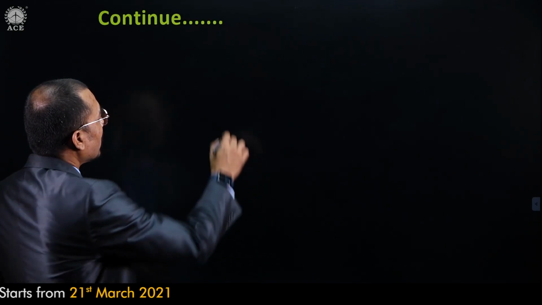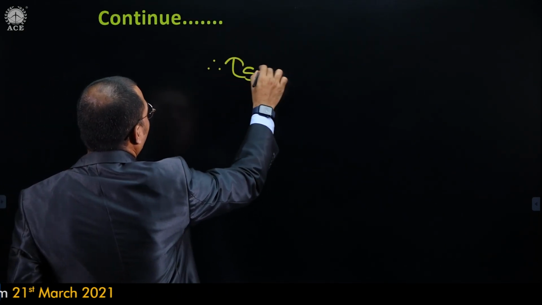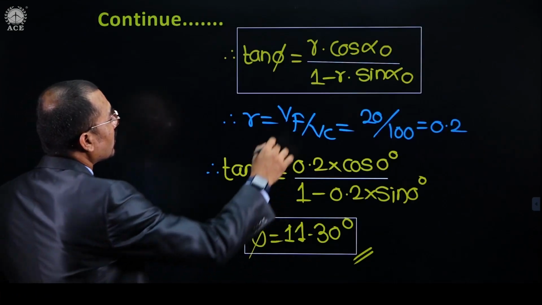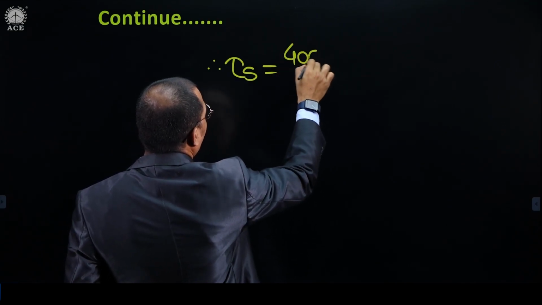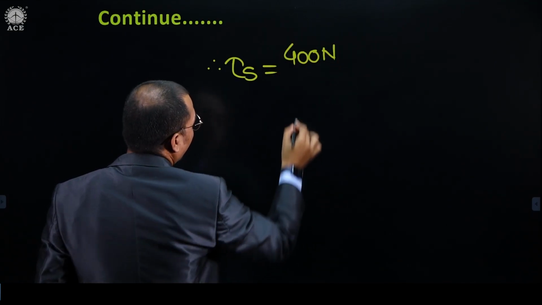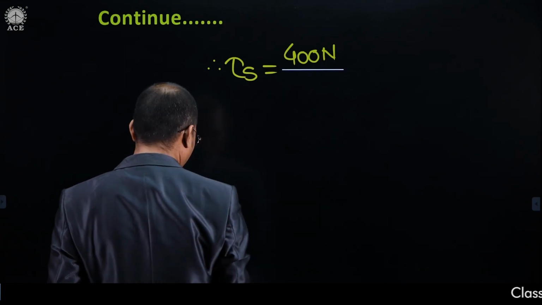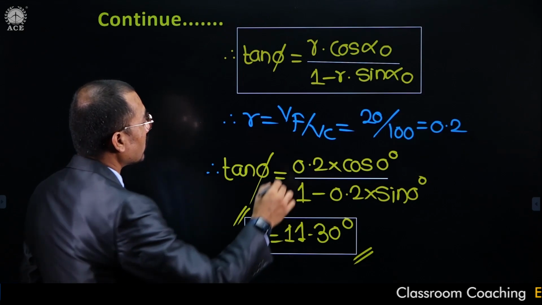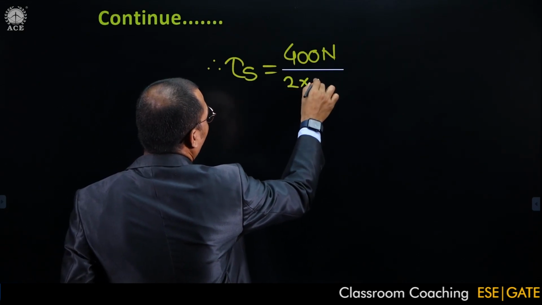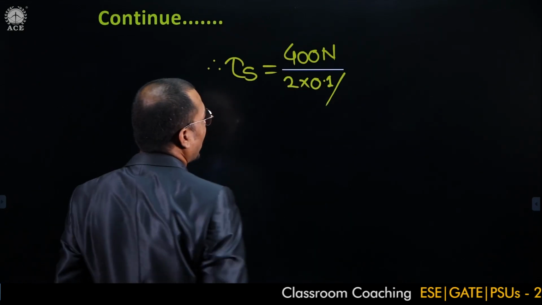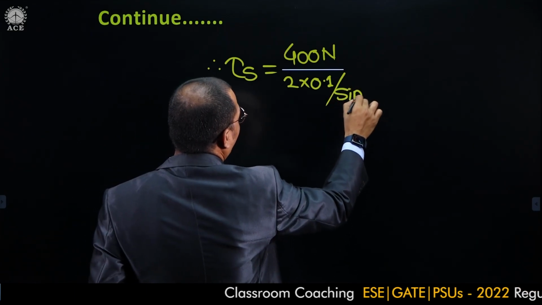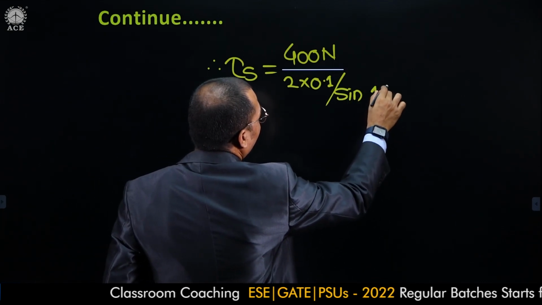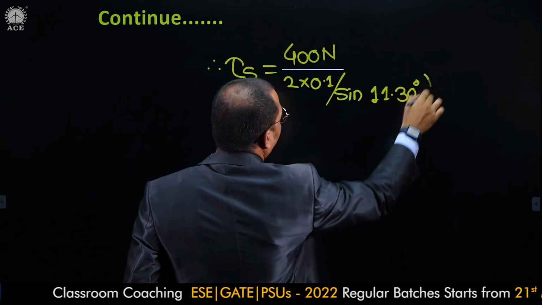Now just put the values there. Shear stress tau s is exactly equal to shear force divided by shear area. Shear force is given as 400 Newton. So 400 Newton divided by the shear area. What is shear area? Shear area is W into T naught, divided by sine phi. W is 2, into 0.1, divided by sine phi, where phi is 11.30 degree.